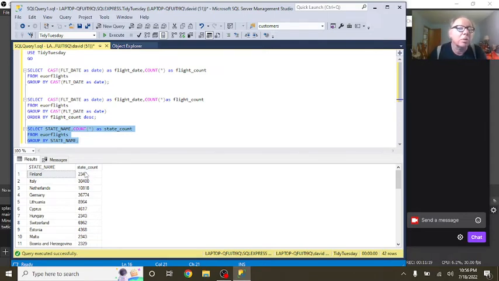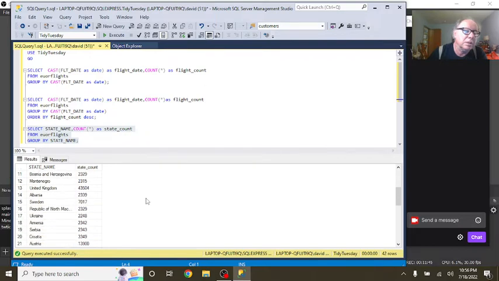So this is the total. This is the total flights. So this means there's 42 different countries listed here. Interesting enough, Italy and Germany had the most number of flights. This is kind of curious. Ukraine, Armenia.